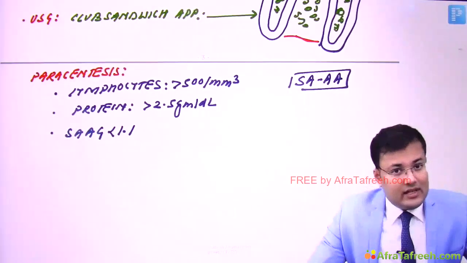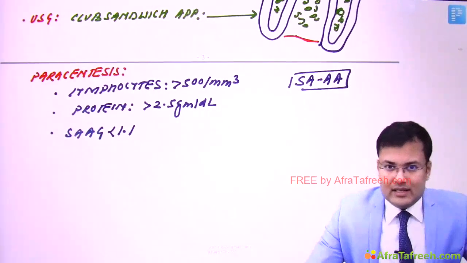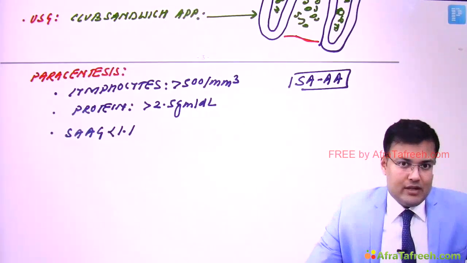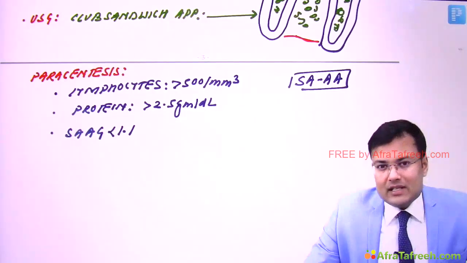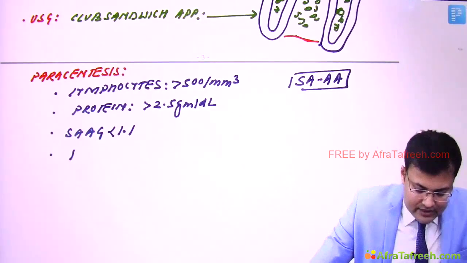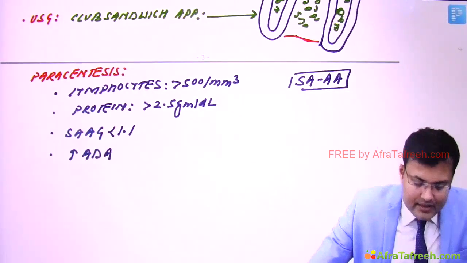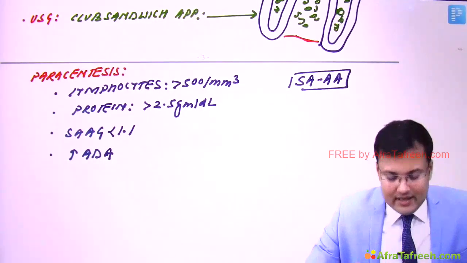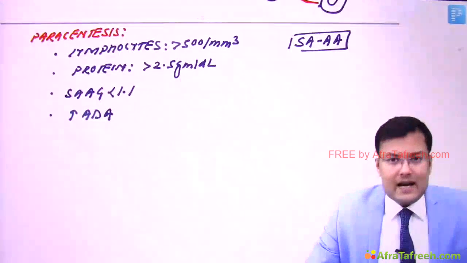Whenever there is exudate, it is less than 1.1, and whenever there is transudate, it is more than 1.1. And what is the laboratory investigation by which you can confirm the diagnosis? ADA. So there is raised adenosine deaminase. All these are asked in exams. So these are the findings of paracentesis.